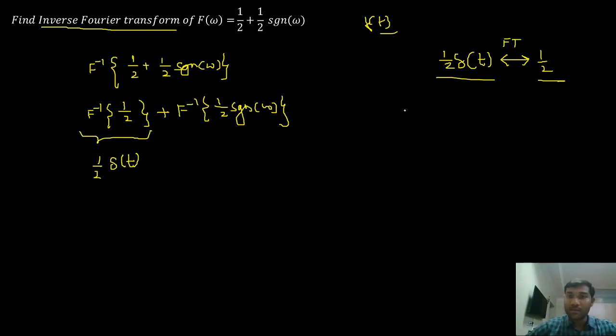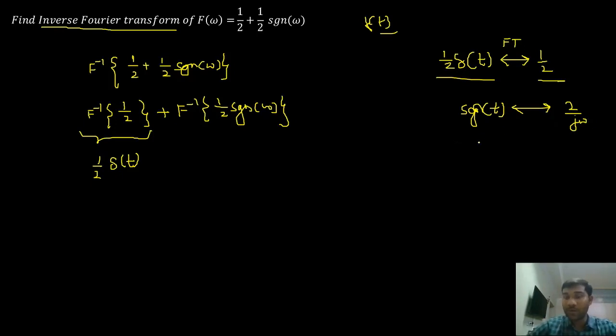Then signum of omega, right? For this we'll find the inverse Fourier transform. So first, what is the Fourier transform of signum of t? The Fourier transform is 2 by j omega, right? Now I'll apply duality to this Fourier transform pair.